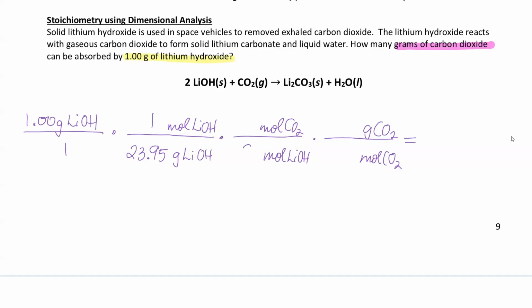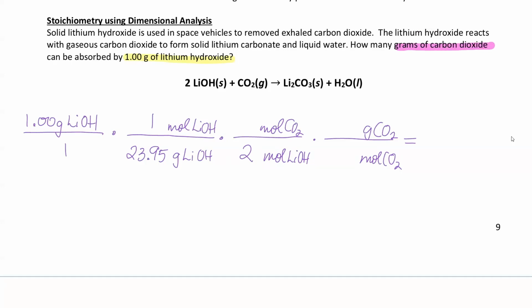So I know for every 2 moles of lithium hydroxide that react, I will require 1 mole of carbon dioxide. And then 1 mole of carbon dioxide has a mass of 44.01 grams. I can cancel my units, make sure that everything works out, and then I can do the math.